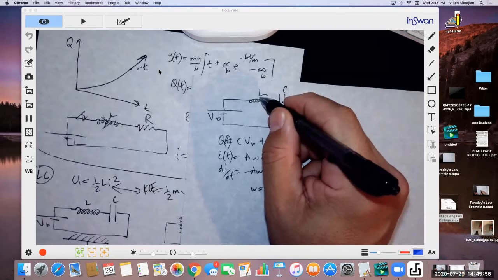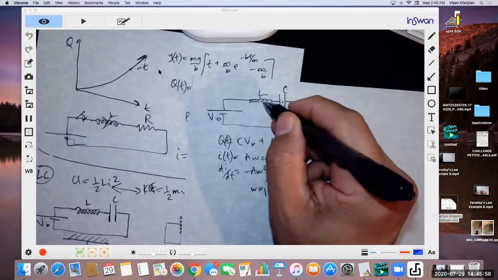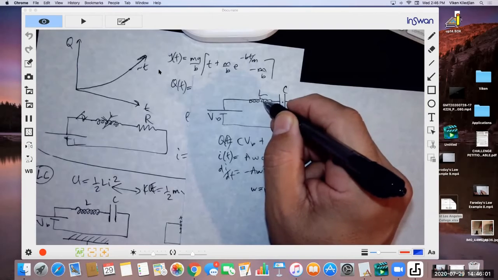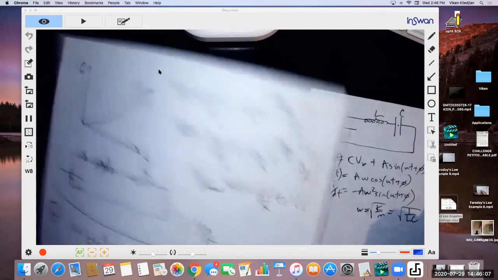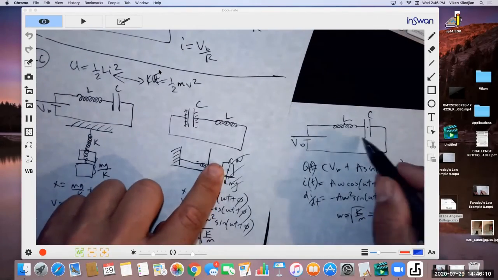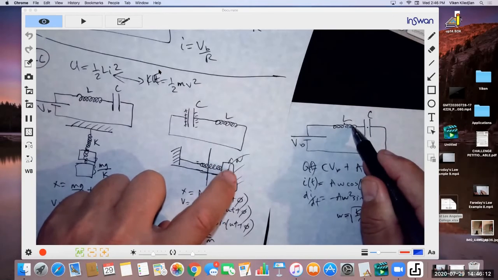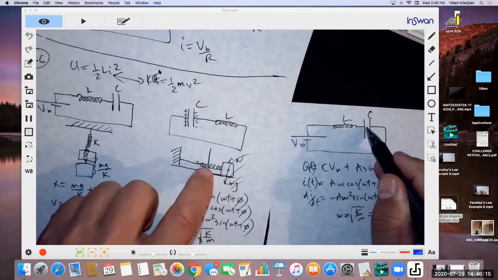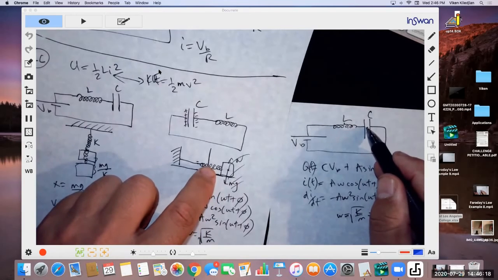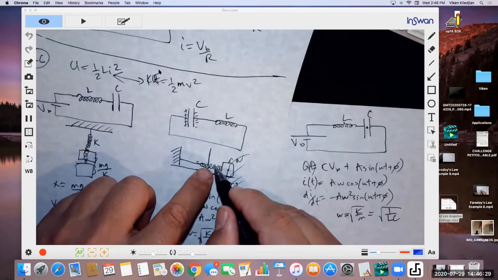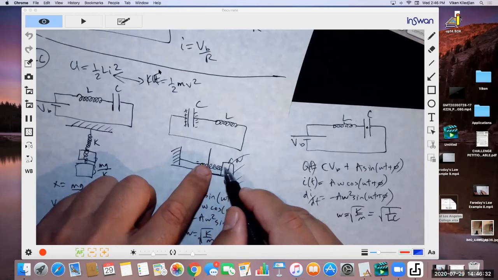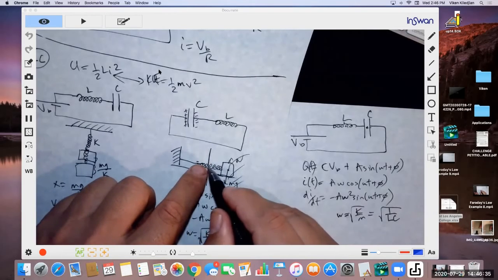So it's oscillatory motion. The capacitor is acting like a spring, and the inductor is acting like a block. Now notice the inductor looks like a spring, but it's actually, in a Physics 101 scenario, acting like a block. The capacitor is the one that's acting like the spring. The capacitor stores energy by the charge that you place in there, right? And the spring stores energy by stretching or compressing it, you see?